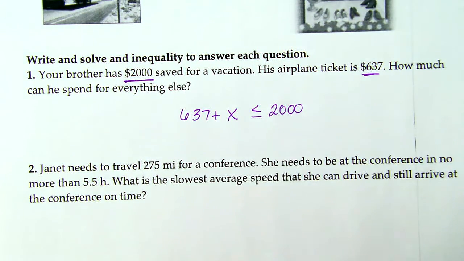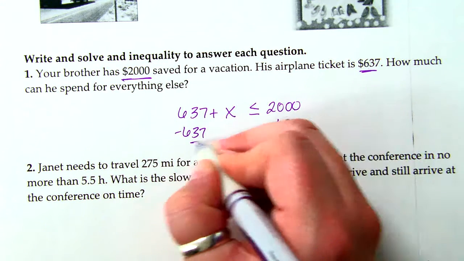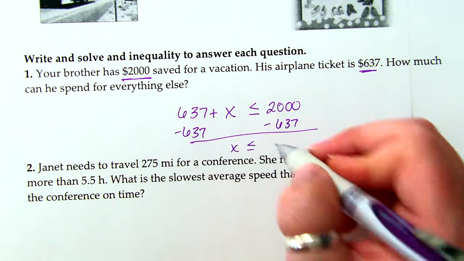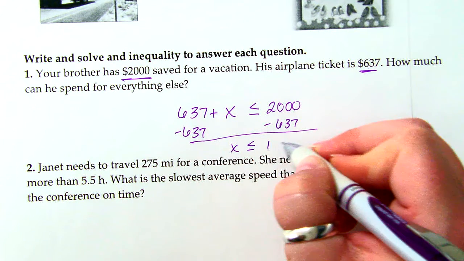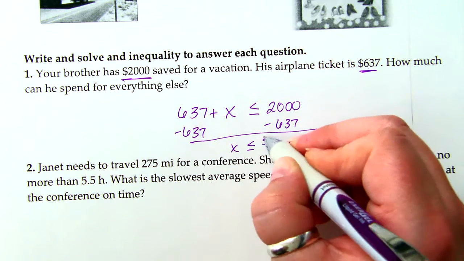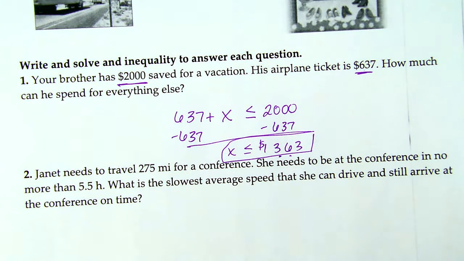So to solve it, you're just subtracting $637. So x should be less than or equal to $1,363. So he can spend exactly $1,363 or anything less than that and still be within what he had.